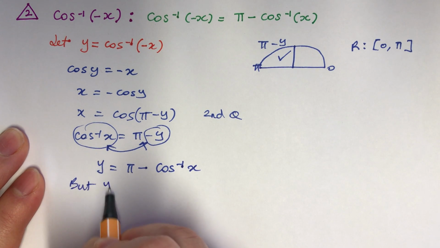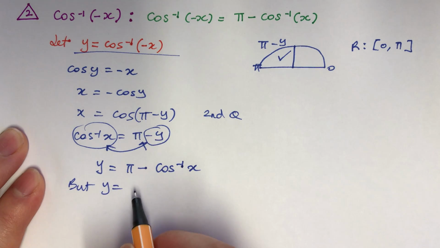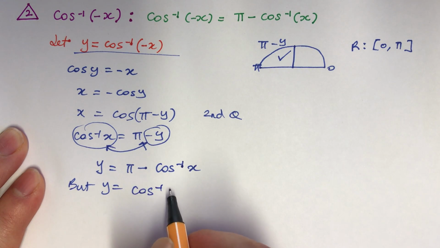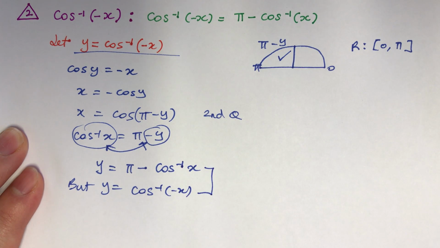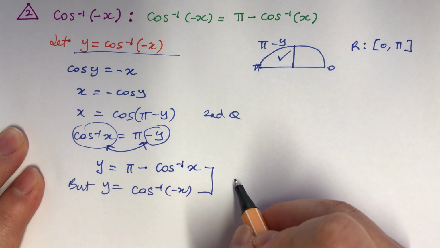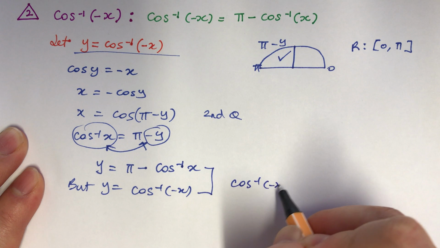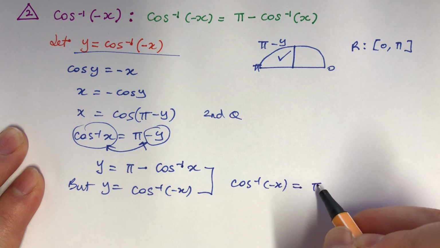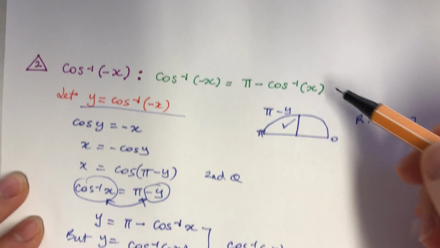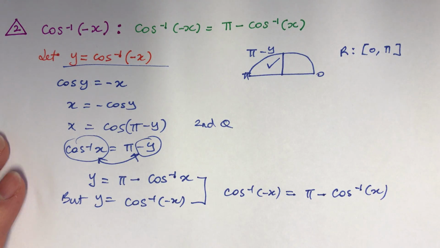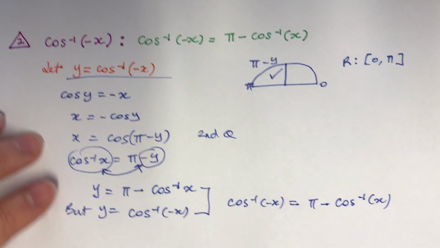But what do we say? We said y equals inverse cos minus x as well. So that means they are the same. So I'm going to say inverse cos minus x equals pi minus inverse cos x, like what we did here. Okay, so that was a proof for that.